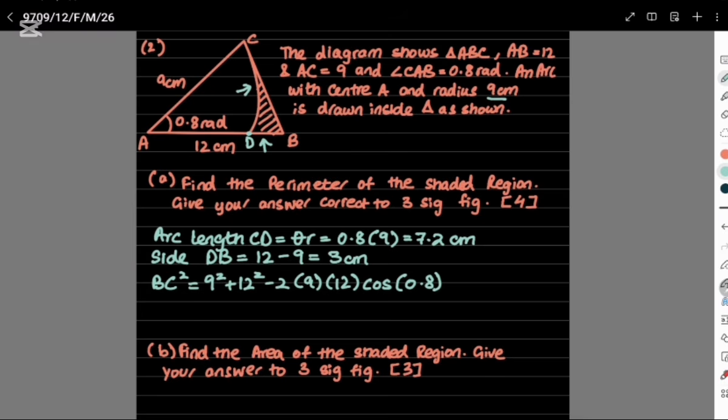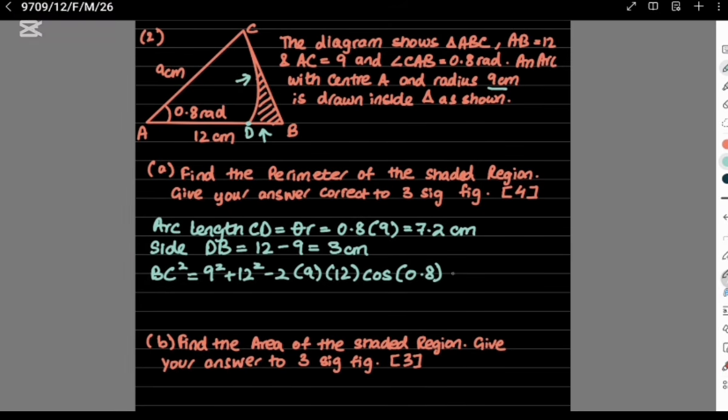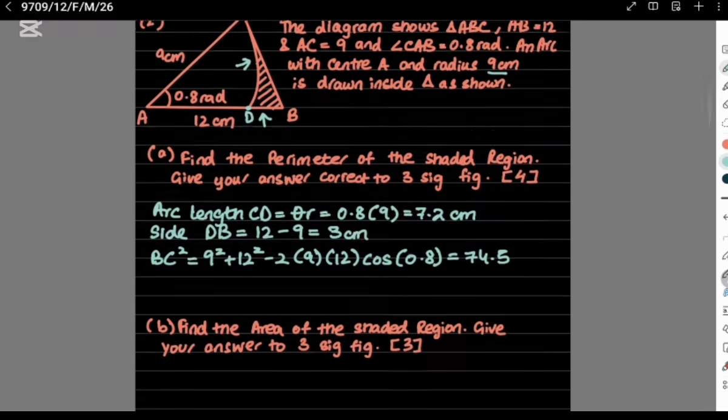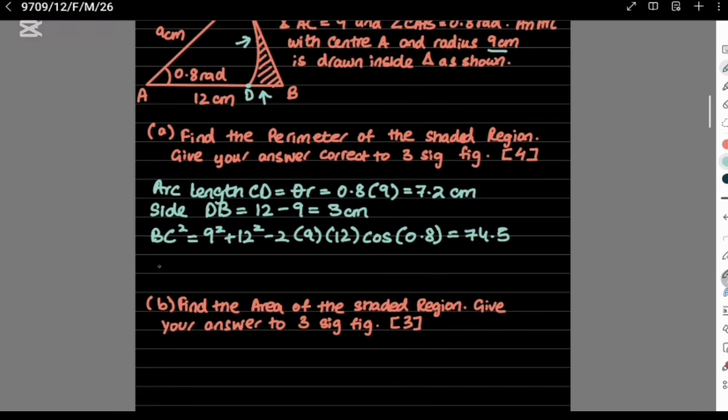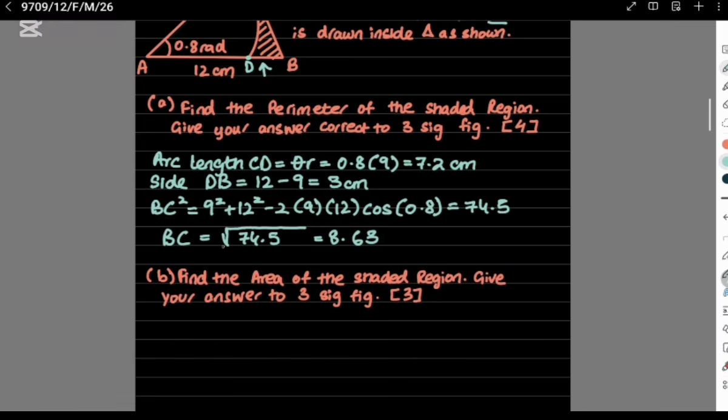Alright, wait a second. You get 74.5. Yeah, actually it's correct. I got confused. How can a side be that long? But it's BC squared. So you take the square root, which further gives you 8.63.